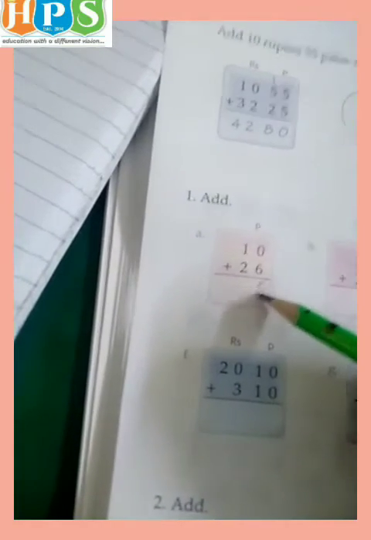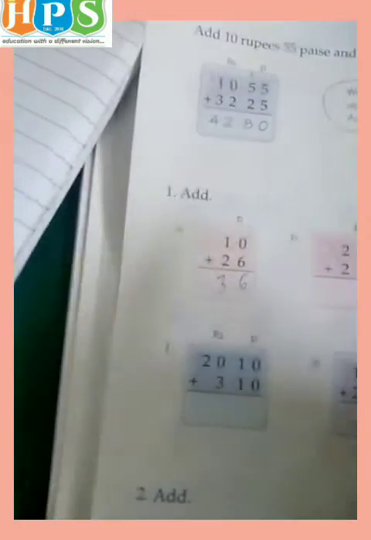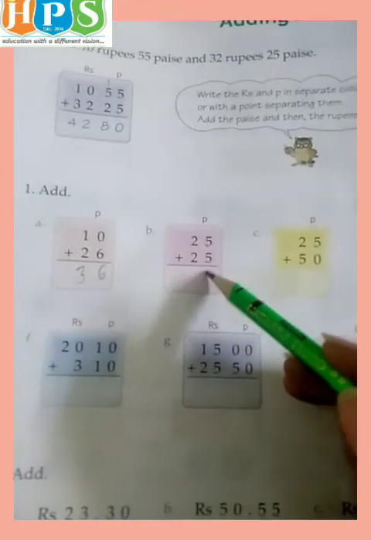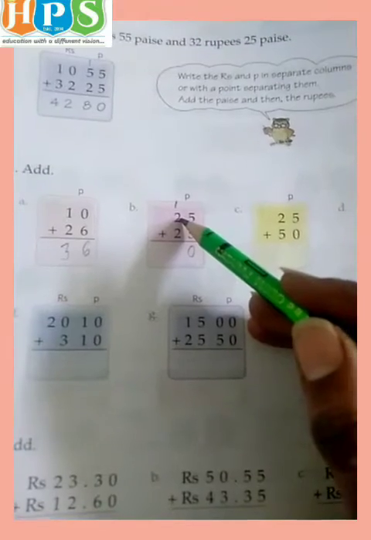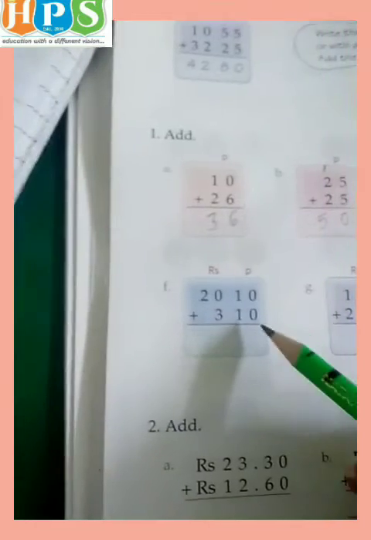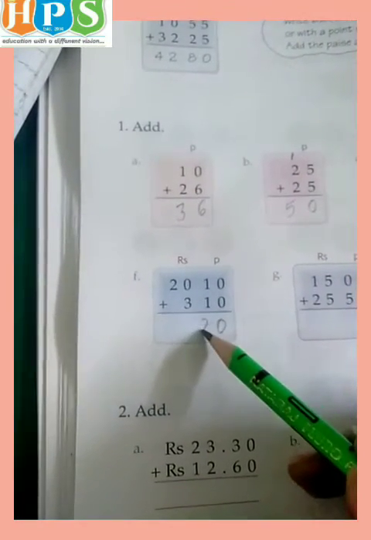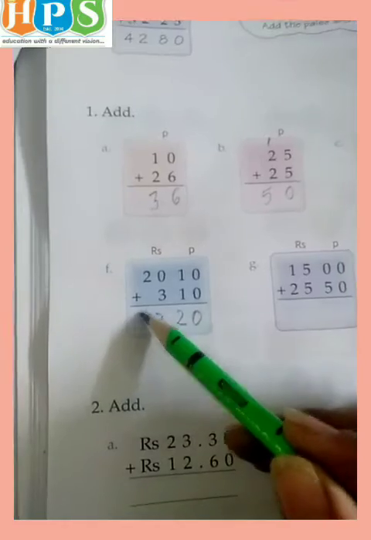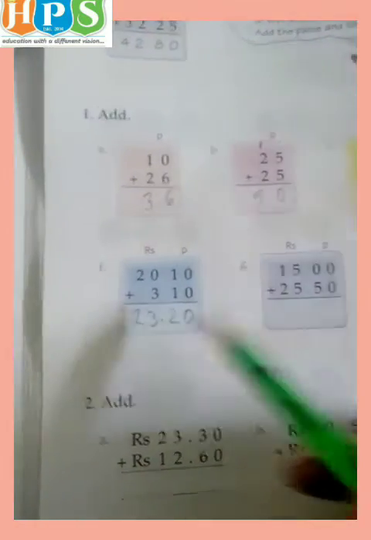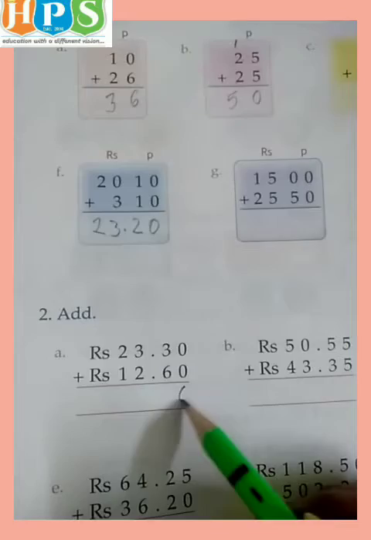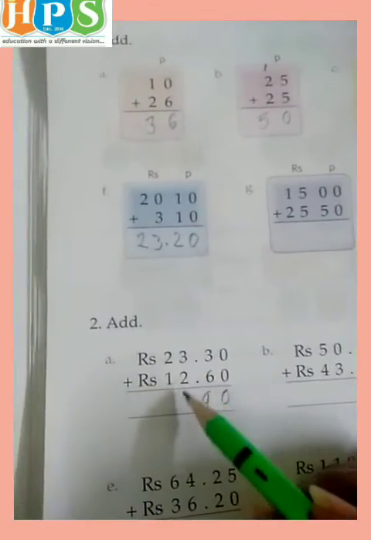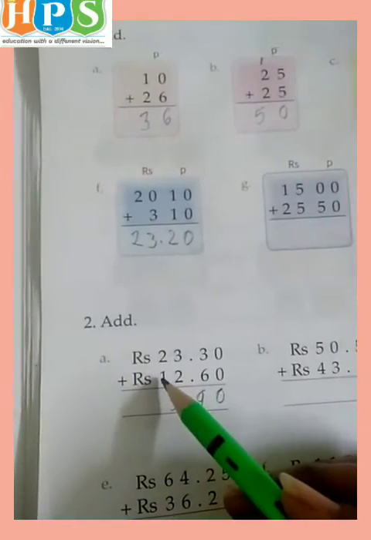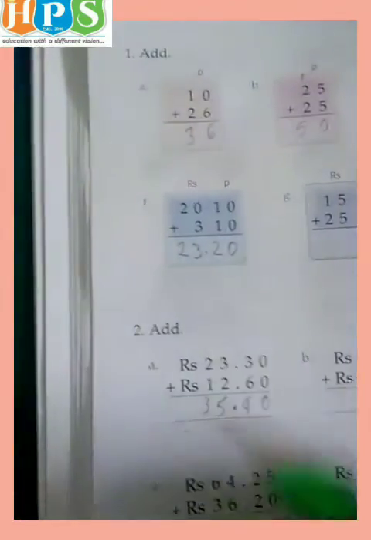0 plus 6, 6. 1 and 2, 3. 2 plus 5 plus 5, 10. 2 and 2, 4. 4 and 1, 5. Next, 0 and 0, 0. 2, 3 and 2. 23 rupees and 20 paise. 0, 3 and 6, 9.50. 3 plus 2 5, 2 and 1 3 rupees.